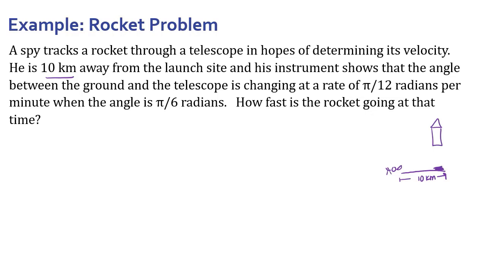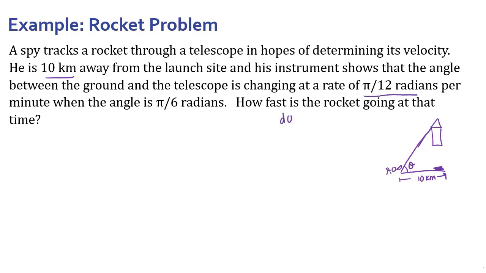The instrument shows that the angle between the ground and the telescope, so there's the ground and the telescope, we'll call that theta, is changing at a rate of pi/12 radians per minute.